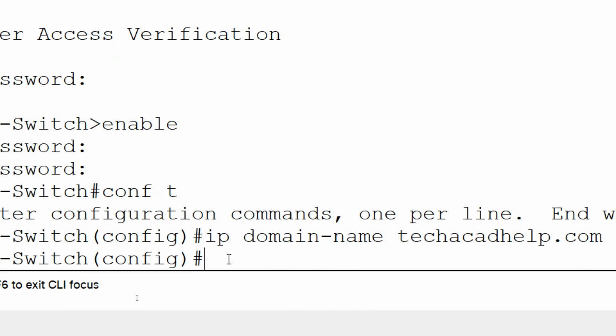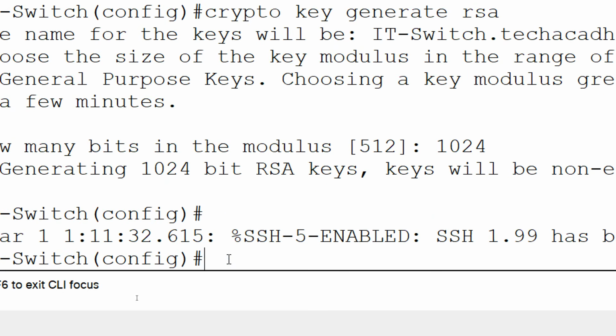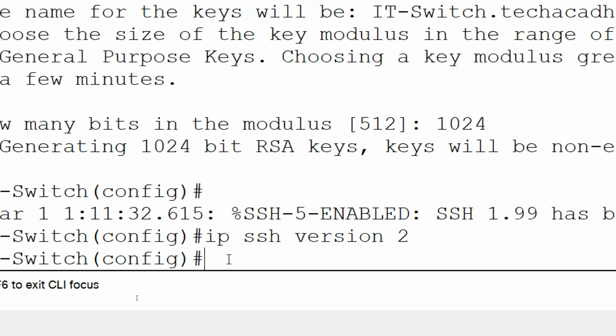Okay, crypto key generate RSA 1024, IP SSH version 2. We will create the username admin, password admin.